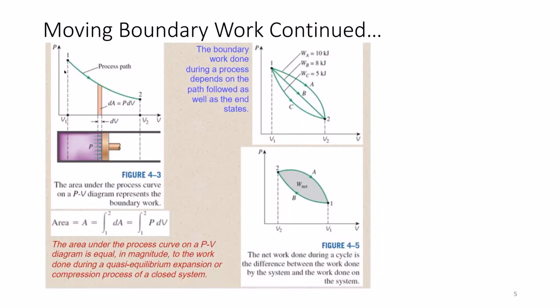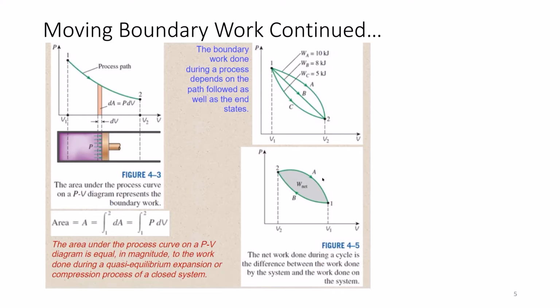So if we sum all of those little incremental areas together, then we can come up with the total work going from position one to position two. Okay. And that's it. Really it's just this, right? It's the area under that curve, right? And the last point just summarizes it.